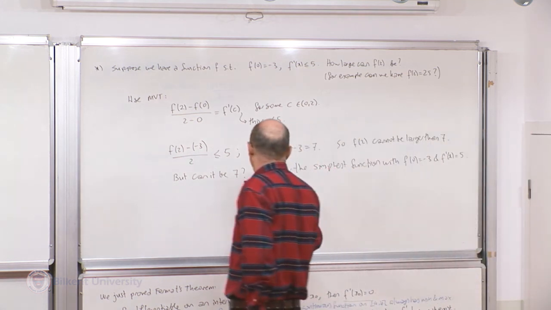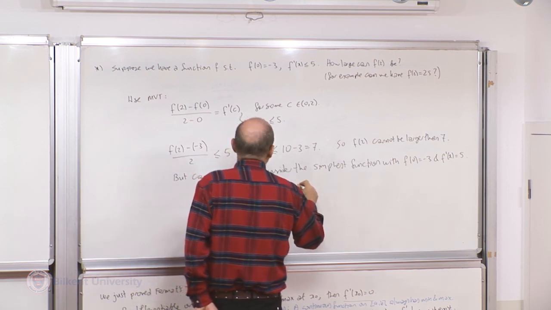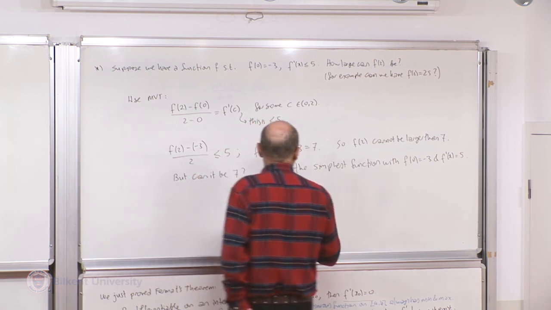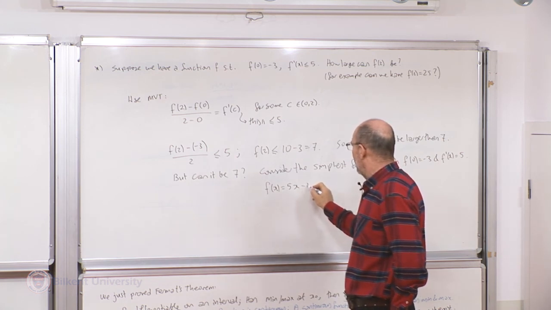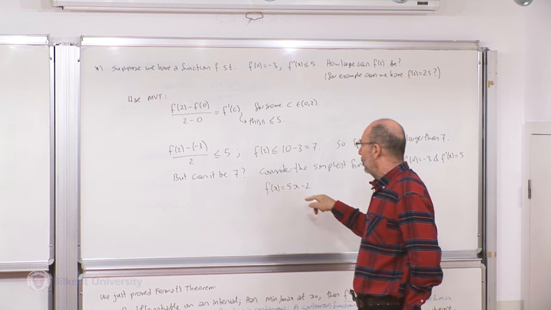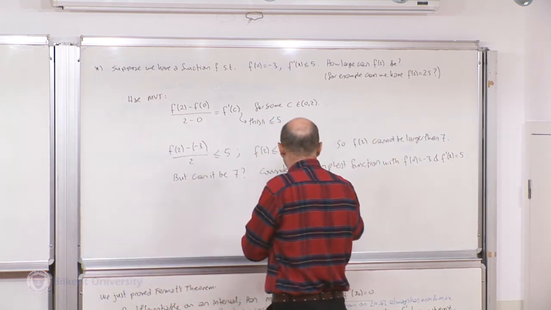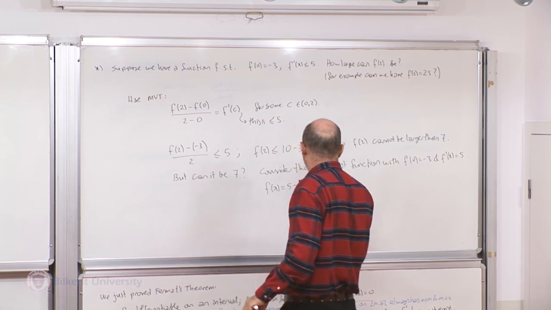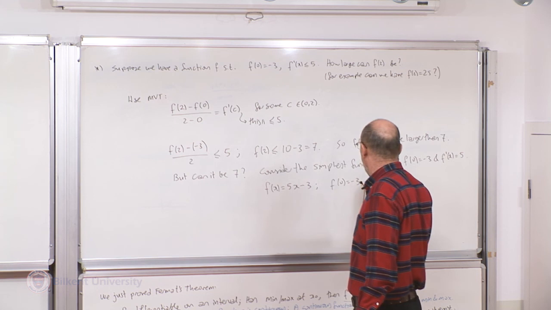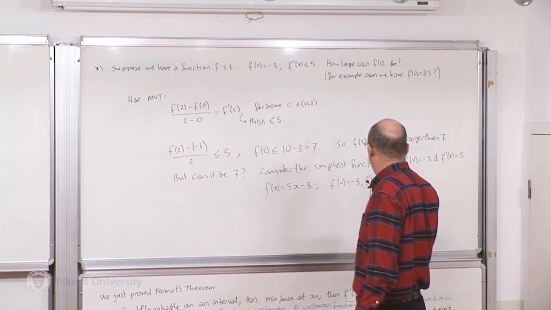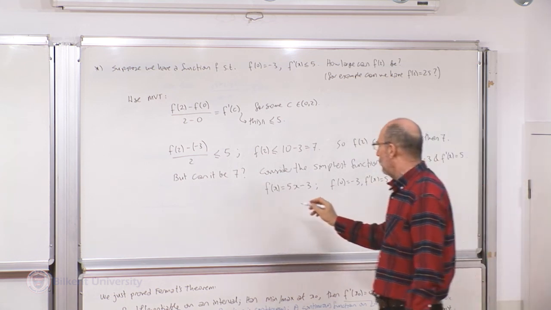So what is this function? f of x is equal to 5x minus 3, right? Because at 0 I want this to be minus 3. So you check that f of 0 is equal to minus 3, f prime x equals 5. Those two conditions are satisfied.